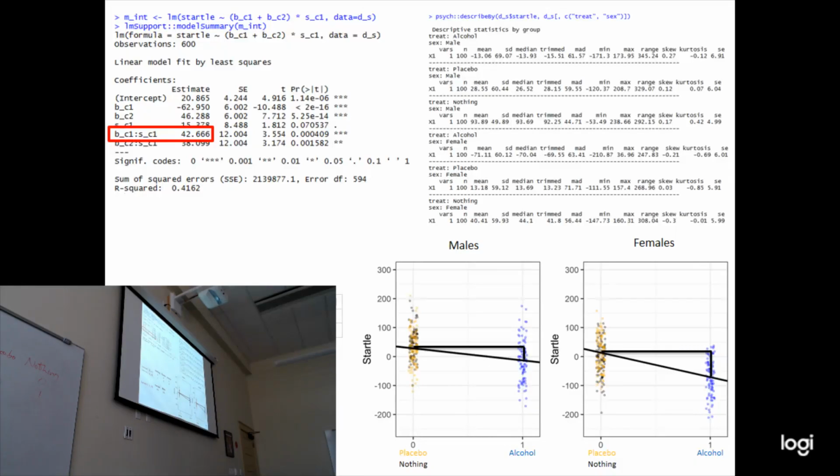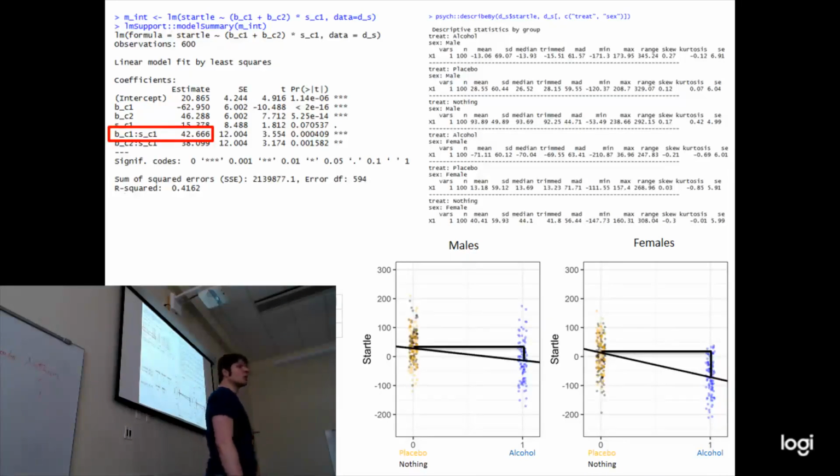Which means do you think are involved in this interaction term? All of the means except for the nothing, for both sexes. Yes, exactly. So everything except for nothing, and do you want to take a stab at what the specific mean difference would be? So once you have those four means, how do you use them to create this?